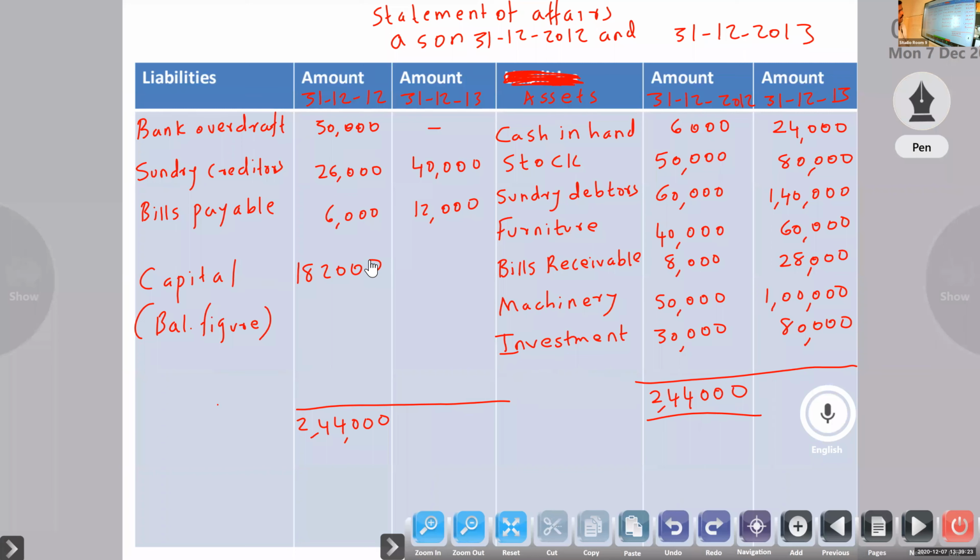Then five lakh 12,000. Four lakh 60,000.